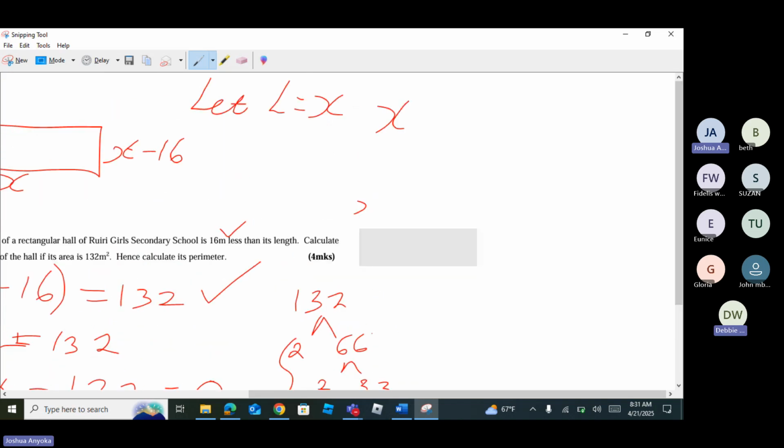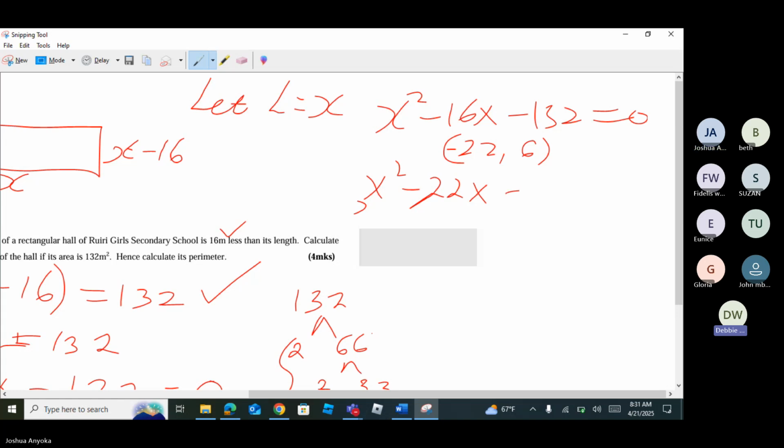Our equation is x squared minus 16x minus 132 is equal to 0. The two numbers are negative 22 and 6. So we have x squared minus 22x plus 6x minus 132 is equal to 0. Proceed.